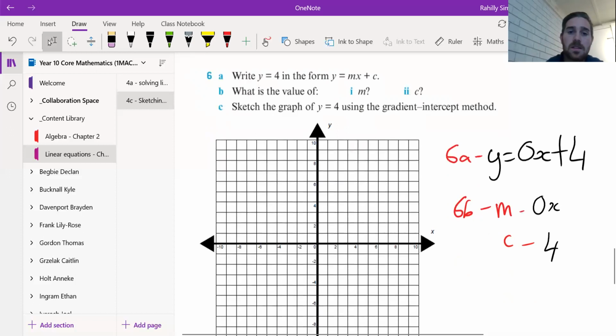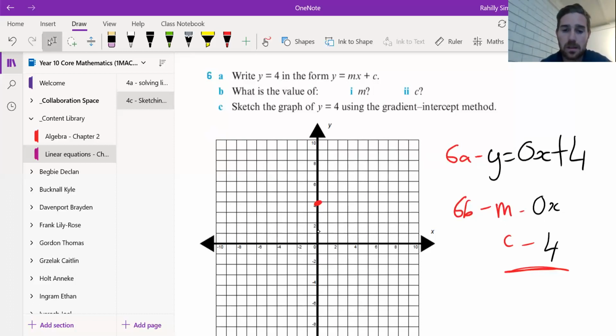Now we know that c is our y-intercept and we have no gradient. If we have no gradient at all, it's going to be a straight line. Okay, so if our c here is 4, I'm going to put a point at 4, 1, 2, 3, 4. If we've got no gradient, so it doesn't go up or down in any way at all, it is going to be completely flat.